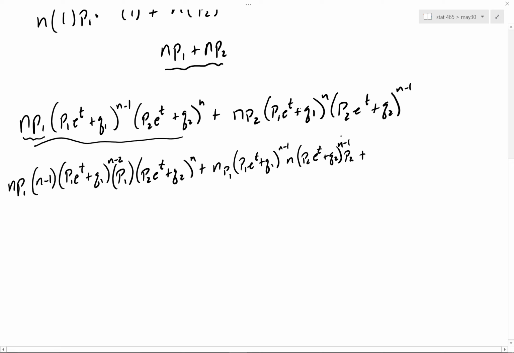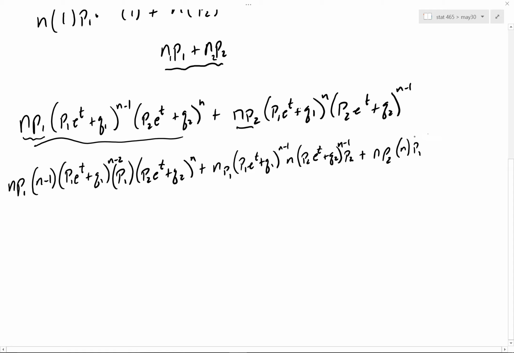Plus, that's a constant again, so np2, and then it's going to be n times p1. Oh, and by the way, all these first n's should have been n1s and n2s, but we'll get to that. You can kind of see how it's going to all shake out in a minute. I promise we'll get there when it's all done. Okay.